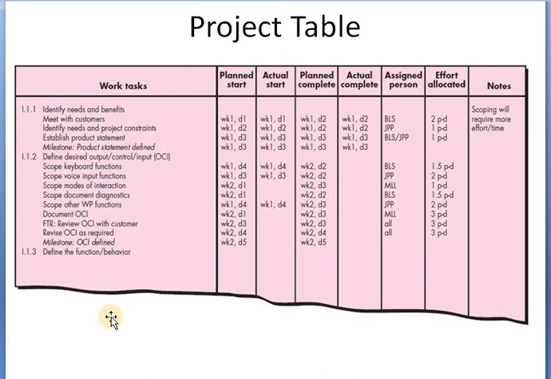This tabular listing of all the project tasks, their planned and actual start, then end dates, and a variety of related information is mentioned in tabular representation. It is used in conjunction with the timeline chart. Project tables are able to track the progress of the work with the help of this information.